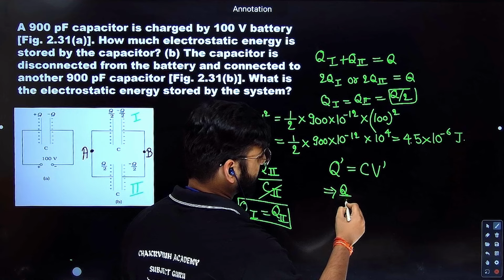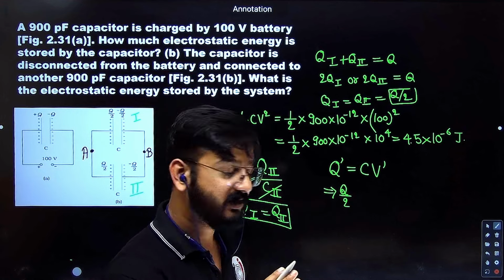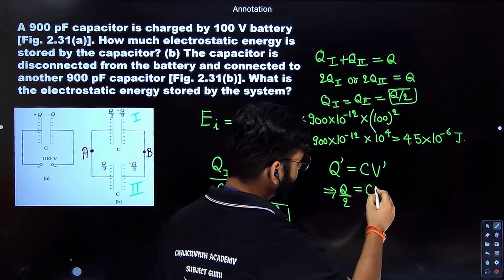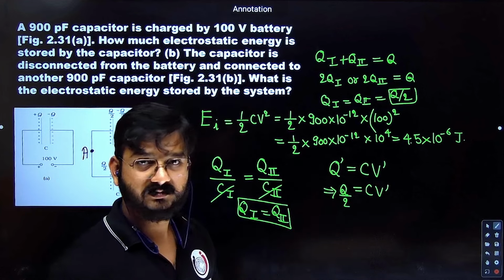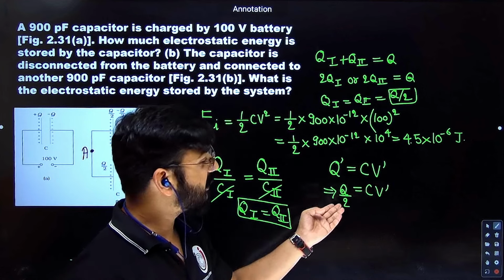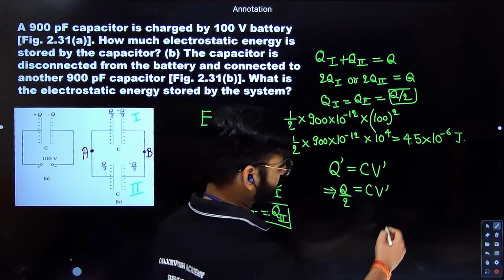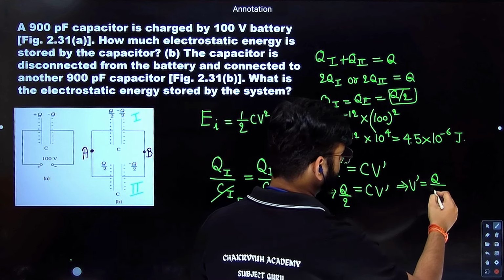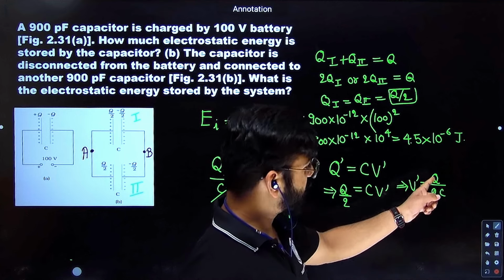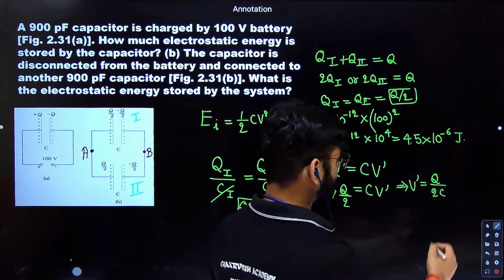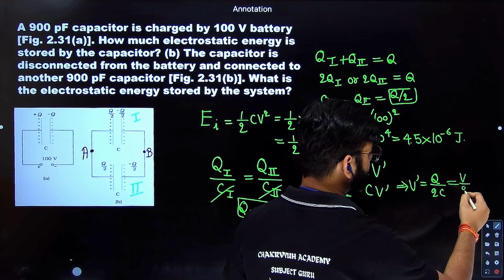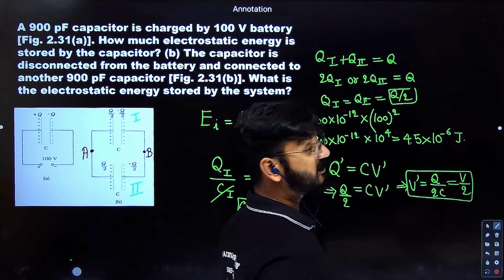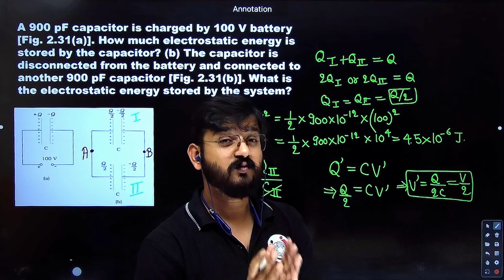Q by 2. The charge is Q by 2. So Q by 2 is equal to C times V dash, correct? What will be V dash if you solve? So V dash will be equal to Q by 2C. So what is Q by C? Potential. So V dash will be equal to V by 2. So this will be the common potential or the new potential.